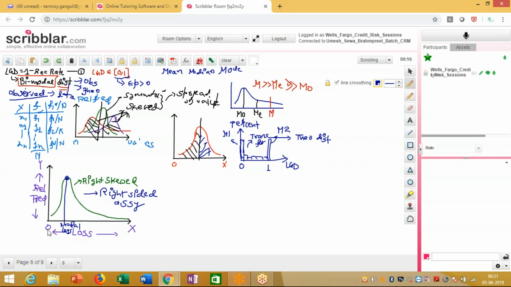After I have looked into the modal loss, the next thing I look into is the median loss. Where is the median loss in my system? The median loss is the midpoint of this loss series. So it is somewhere here. So this is your median loss.